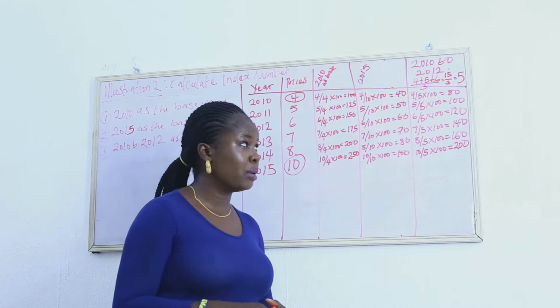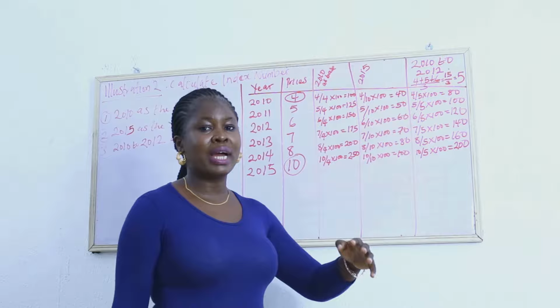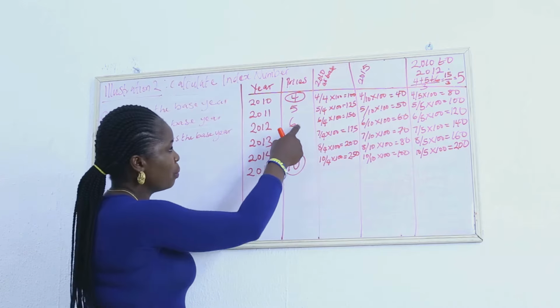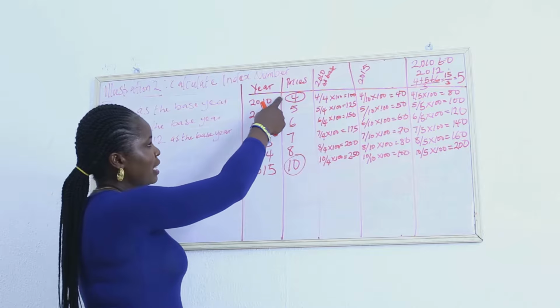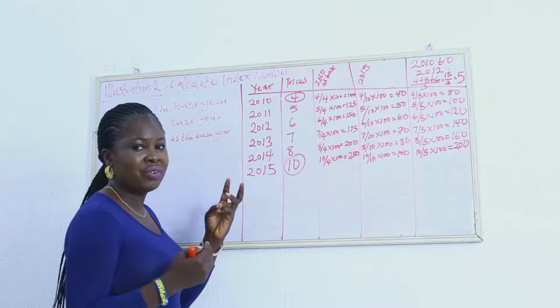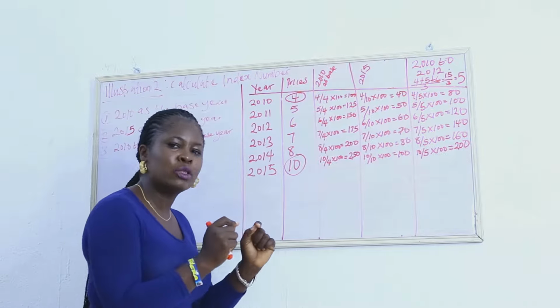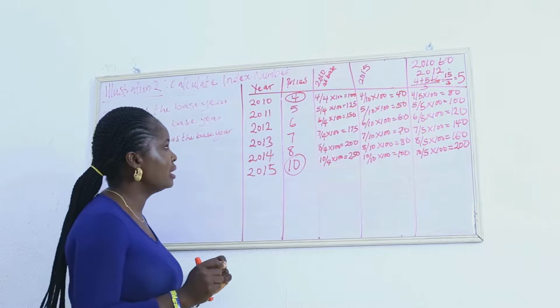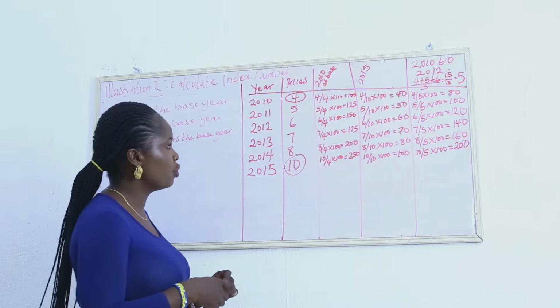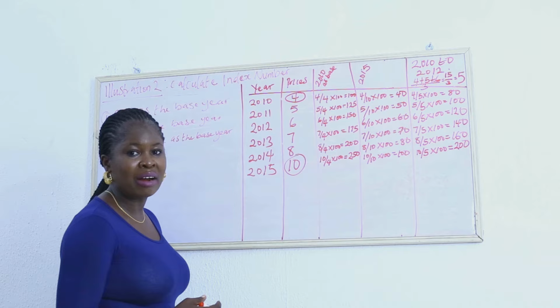It does not stop there, because the last question says we are using 2010 to 2012 as the base year, and looking at the prices for 2010, 2011, 2012. Since there are 3 years, and they said from 2010 to 2012, they didn't say 2010 and 2012, what we do is just take the average of the 3 years.